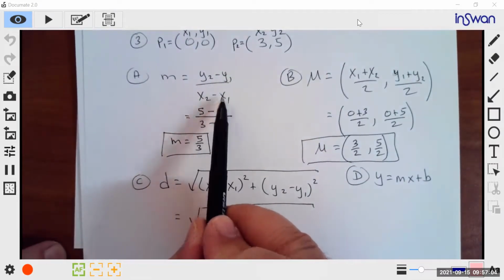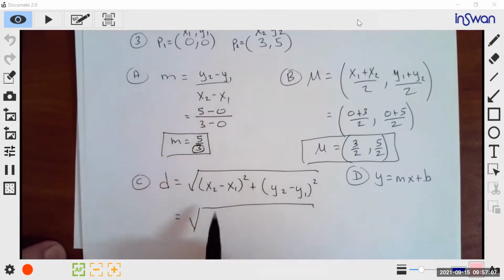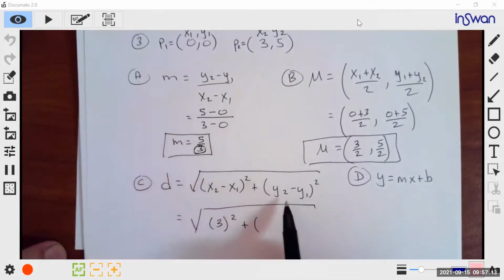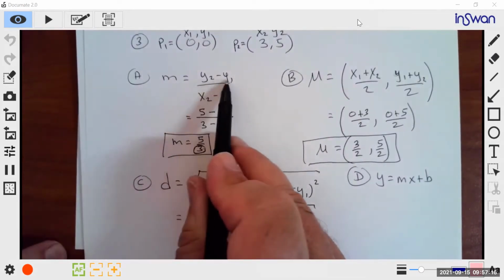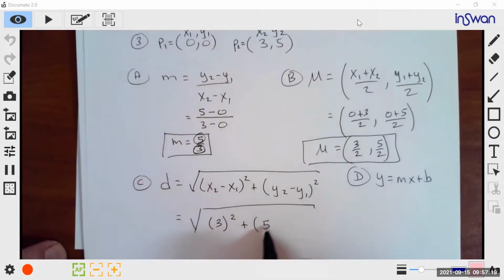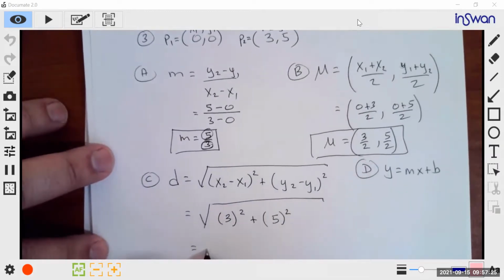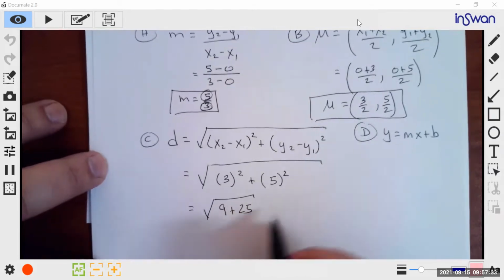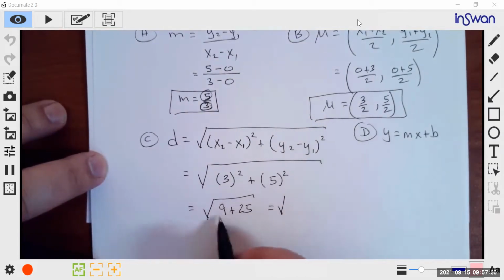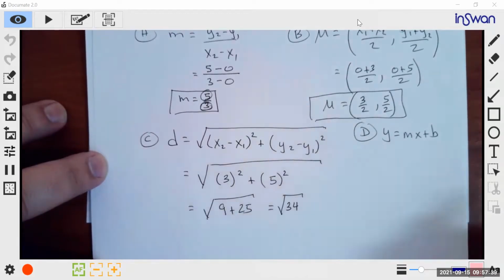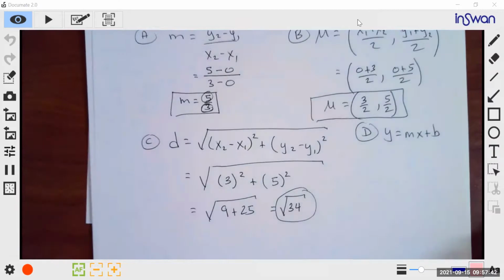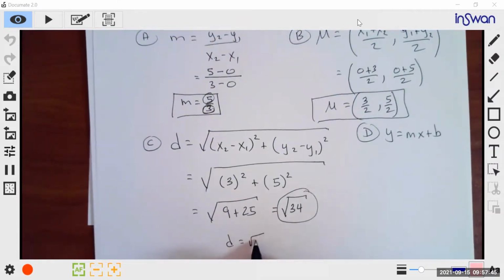We can just take this number and put it inside the parenthesis. y2 minus y1, that's the top number. Three squared is 9. 5 squared is 25. 25 plus 9 is 34. And for now, we'll leave it at that. That's your distance: square root of 34.